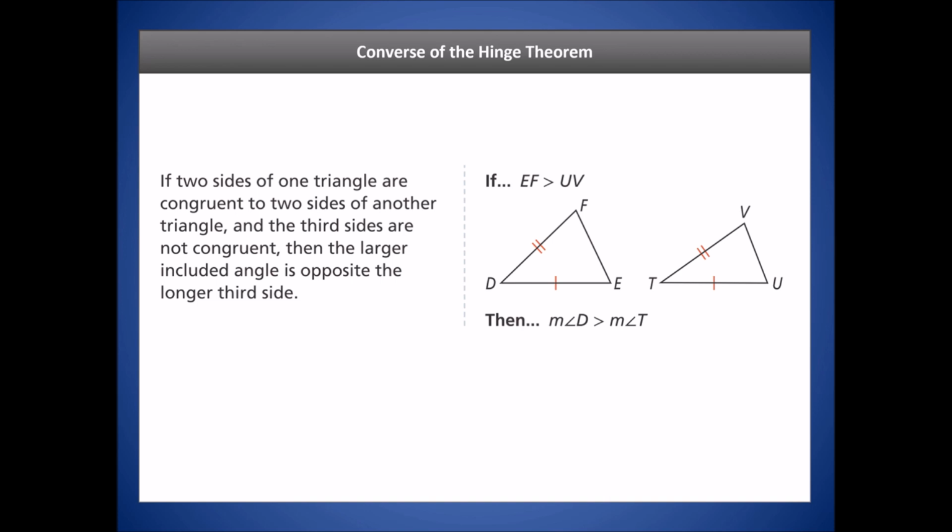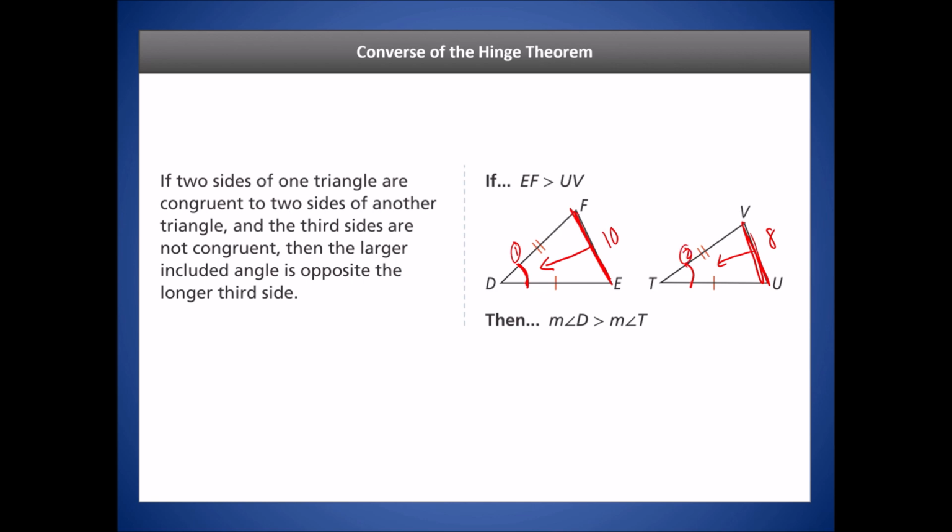So if we know that this is longer than this, say 10 versus 8, then that means that the opposite angle, the included angle, has to be larger for the first as opposed to the second triangle here, okay?